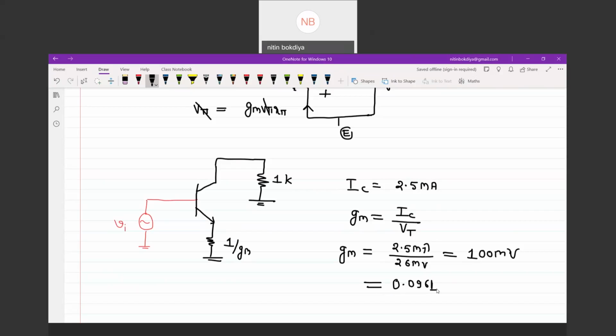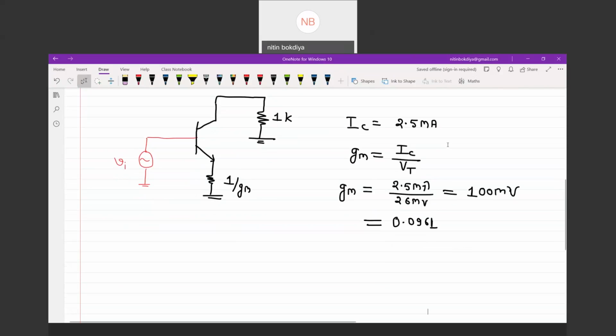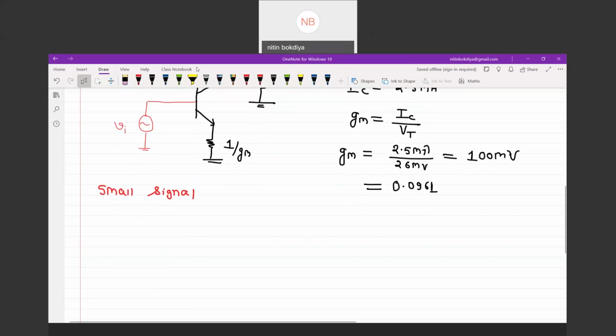Let's start how we can analyze this transistor. Let's draw the small signal model. I am interested in a small signal model, and I will draw not the hybrid pi but the RE model. So this is our base terminal, and this voltage is Vi.